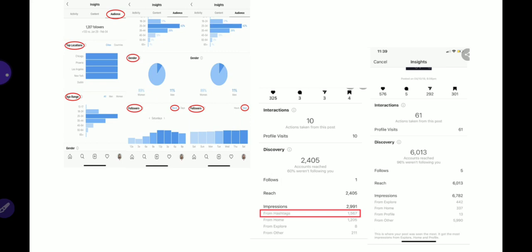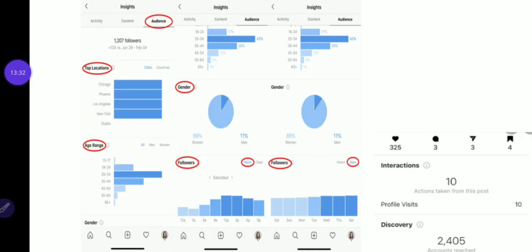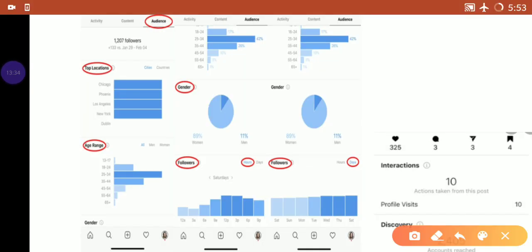If you see the insights here, you can see that there are 3 tabs in your insight bar, which are activity, content, and audience.